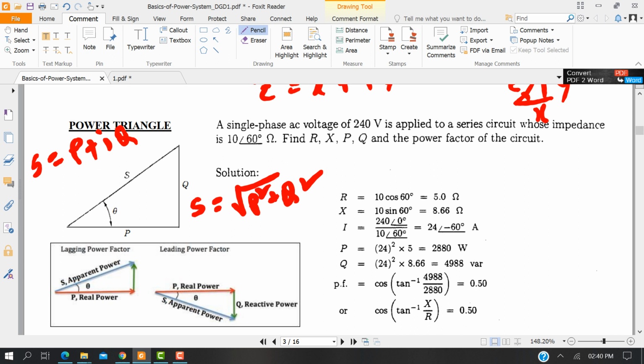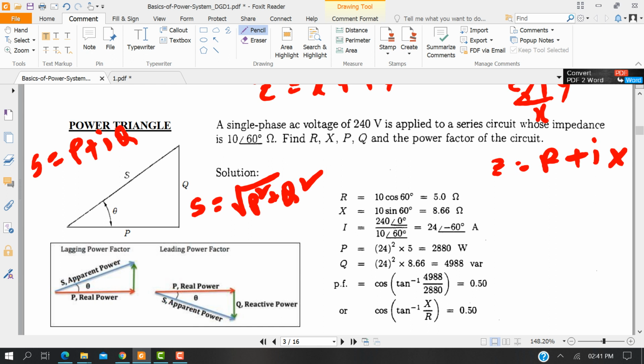Let us see an example so that we can clarify the difference. Here it says there is a voltage of 240 volts, single phase AC voltage, where Z is 10 angle 60 degrees, and we have to find the resistance, the reactance, the real power, the reactive power, and the power factor as well. So we can write Z equal to R plus jX.